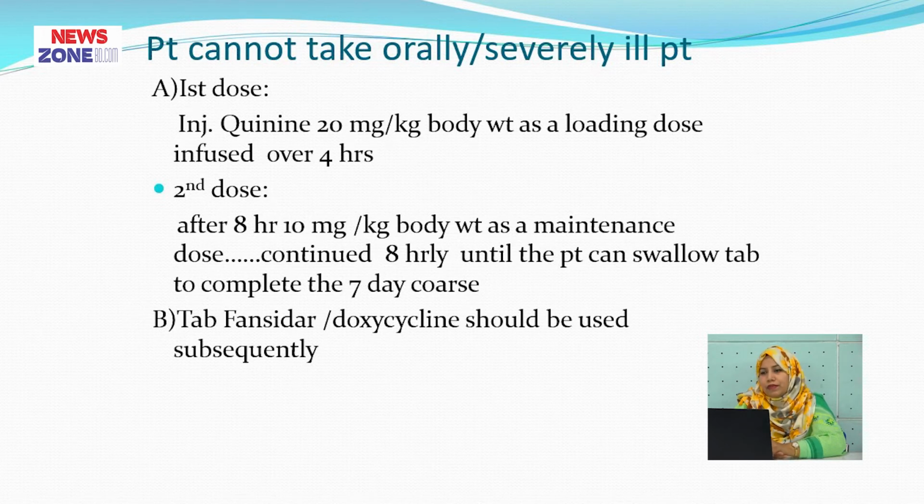Because its volume of distribution is very high and it enters into the tissue. So for immediate action we have to give the loading dose, and then subsequently the maintenance dose will be given. It should be continued at 8-hour intervals until the patient can swallow tablets, then complete the 7-day course. Then tablet Fansidar or doxycycline should be given subsequently.